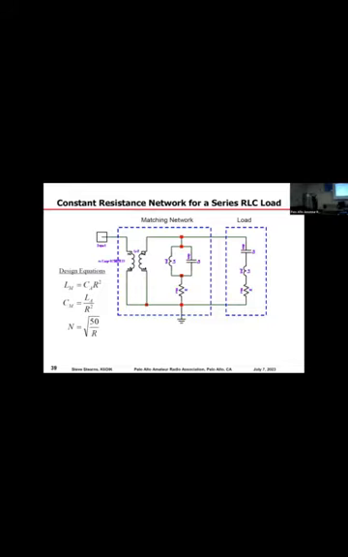If I set the values correctly, then the impedance looking into this network is a pure resistance with no reactance across all frequencies. So it looks just like a resistor. This is called a constant resistance network. This has been known to network theorists for a long time, probably since about the 30s.